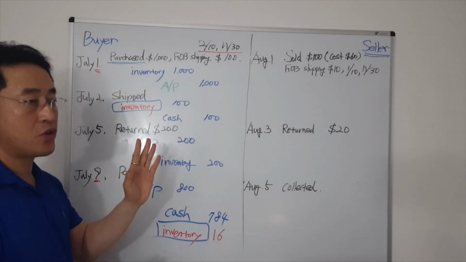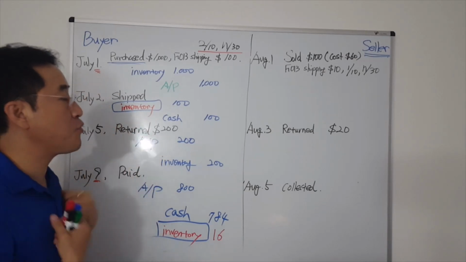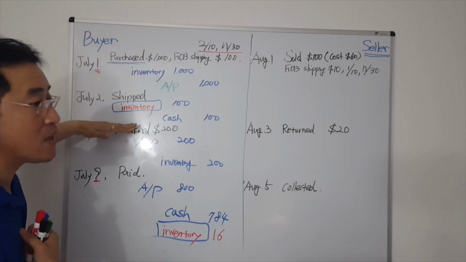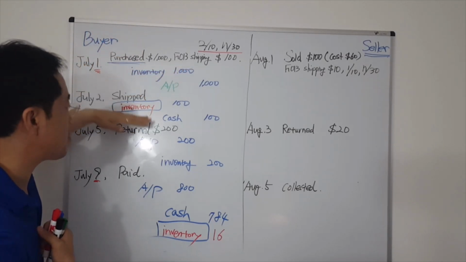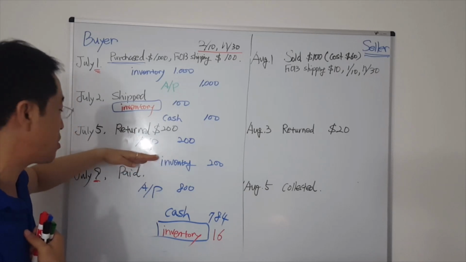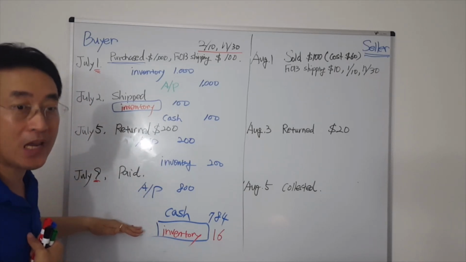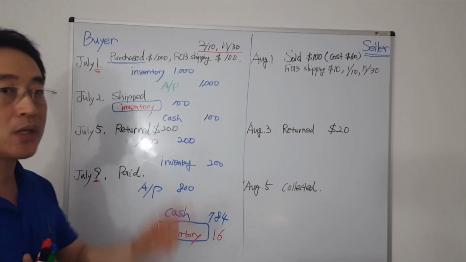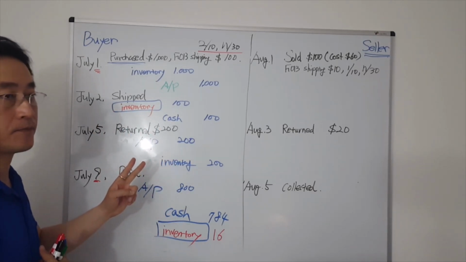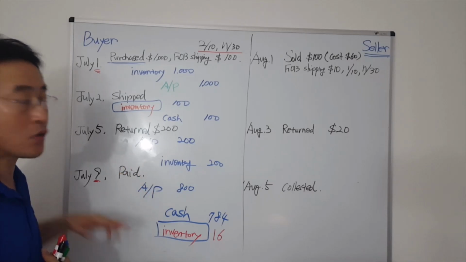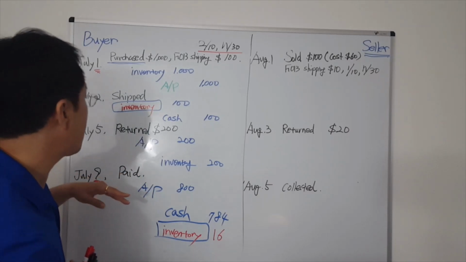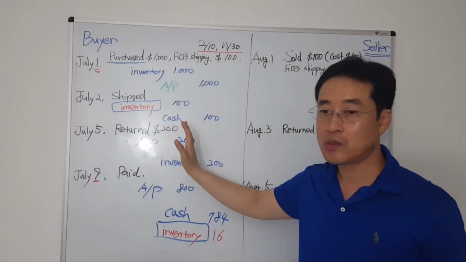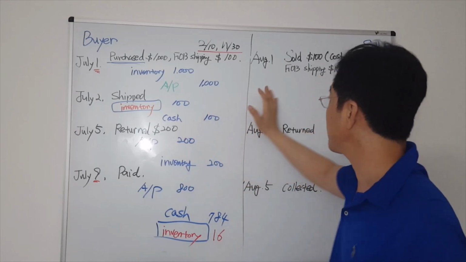When we use the perpetual inventory system as a buyer, when we purchase, when we pay based on the shipping charge agreement, for returns, for payment, and for discounts, we update only the inventory account. Don't forget that. Why do we purchase this? Because we want to sell.